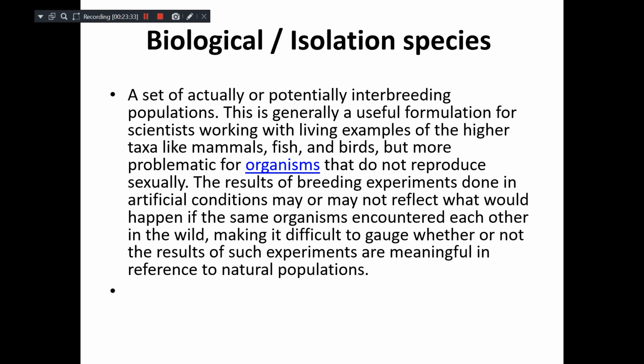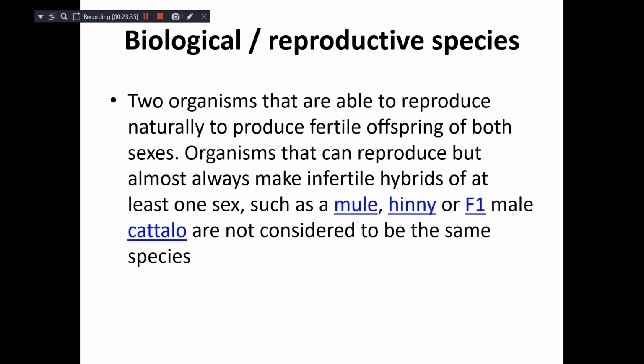But a biologist will define the species like this. There's also one more, the reproductive species, also known as biological species. Two organisms that are capable of reproducing naturally, to produce fertile offspring of both sexes.